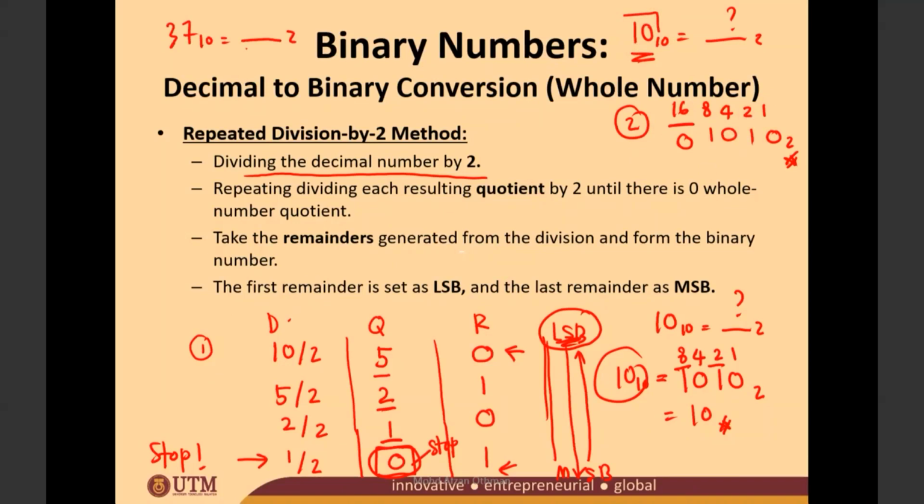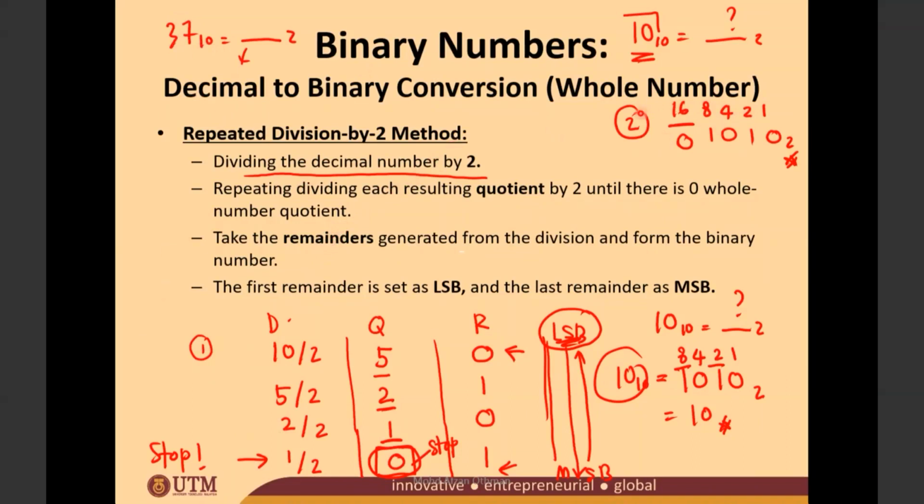Okay, so kita nak buat division by 2 method boleh, tapi panjanglah nanti. Okay, so yang ni kalau tengok yang ni tadi ada 1, 2, 3, 4 step baru dapat jawapan. Okay, kalau yang ni 1, 2, 3, 4, 5, 6 step baru dapat jawapan.